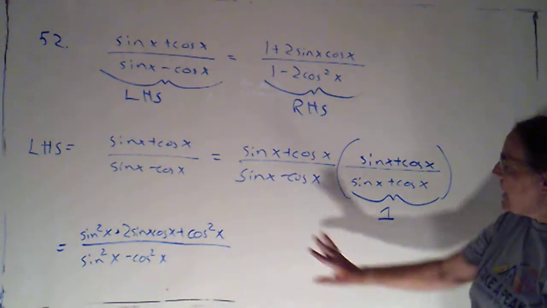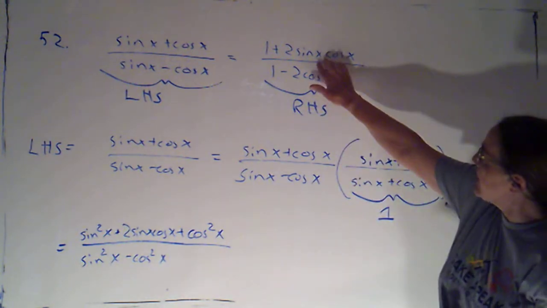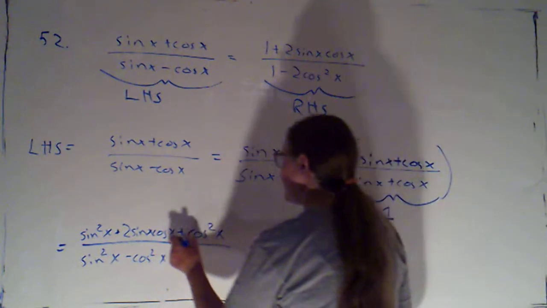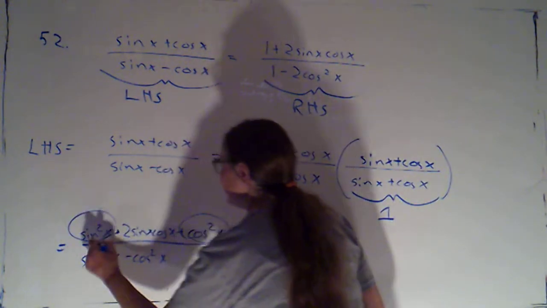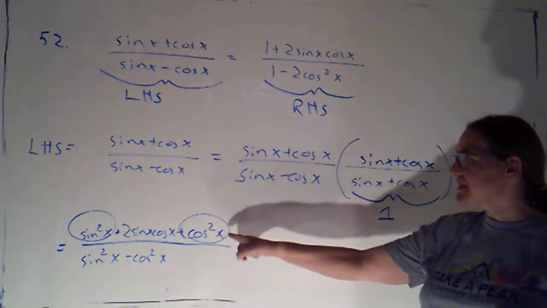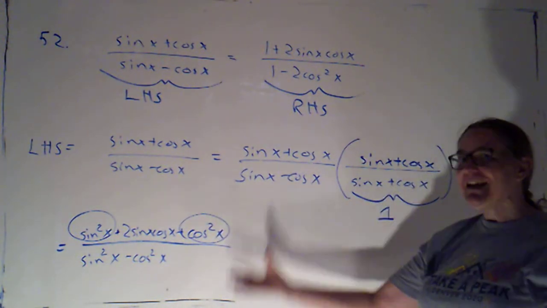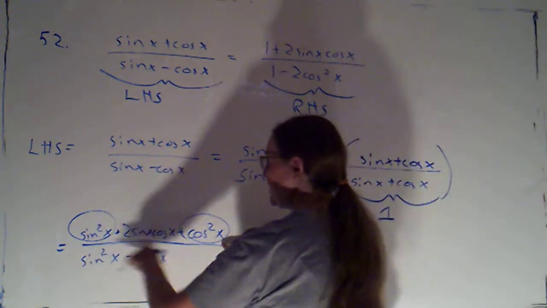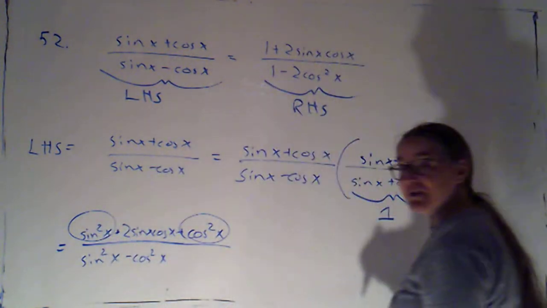Okay, looking at where I'm going, I see my 2 sine x cosine x. Oh, and I see my 1. Because the Pythagorean identity tells me that sine squared x plus cosine squared x is equal to 1. Okay? And with addition, the order doesn't matter. So I can group those.